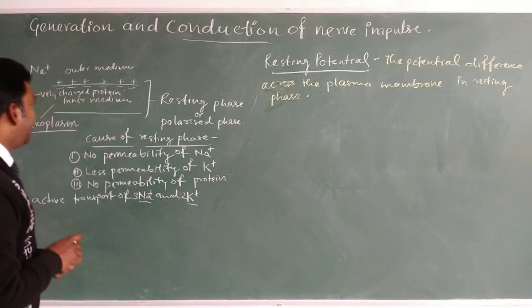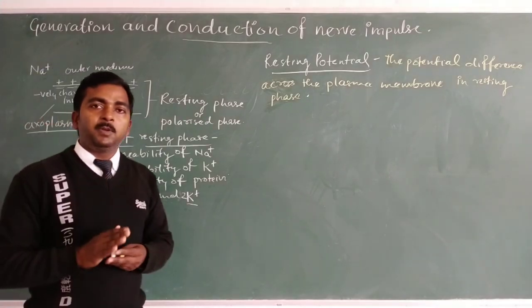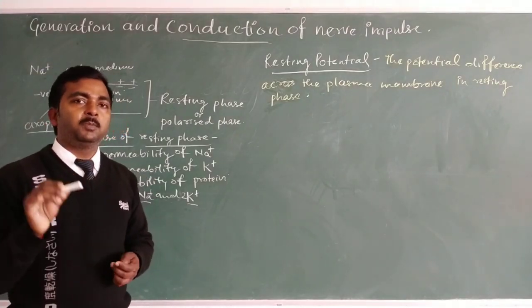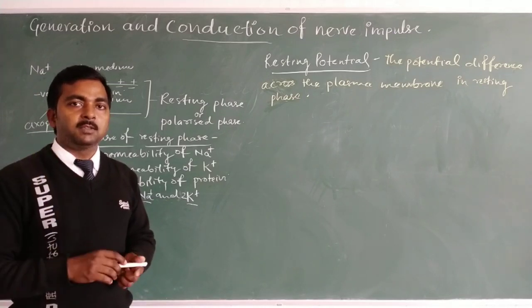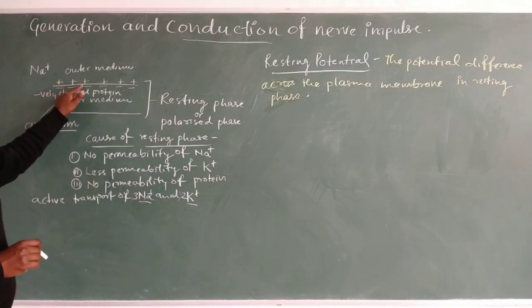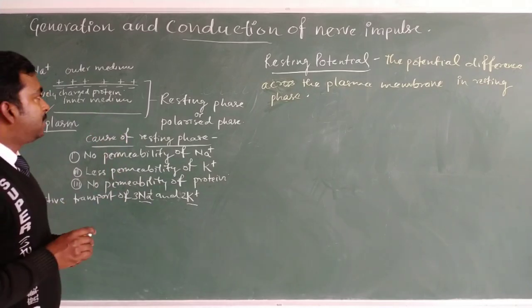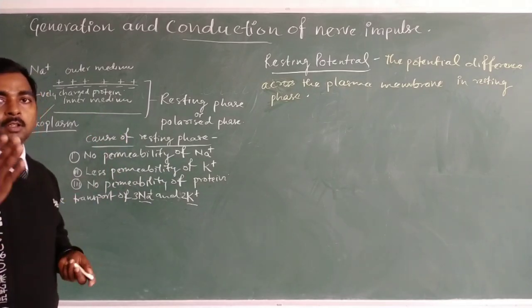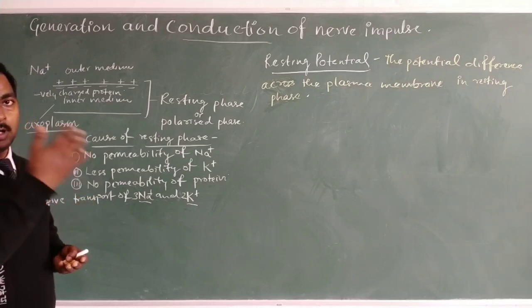Now after receiving the stimulus, the transfer of these ions along the plasma membrane takes place with the help of a number of channels, because of the presence of various ionic channels along the plasma membrane. So ion channels are responsible for allowing the transfer of ions from the outer to the inner and from the inner to the outer medium.